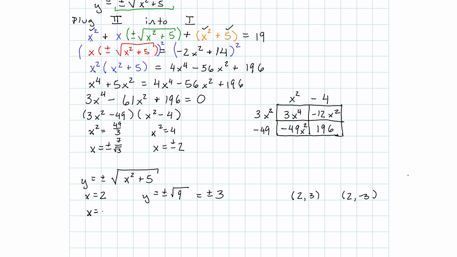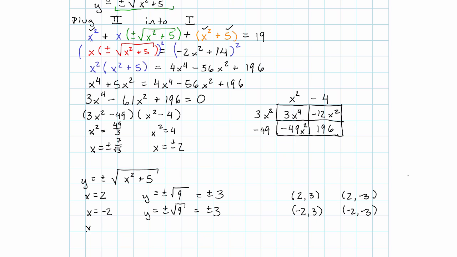If x is negative 2, then again, y is one of the square roots of 9, so it's plus or minus 3. That gives me 2 more solutions. Negative 2, 3, and negative 2, negative 3.